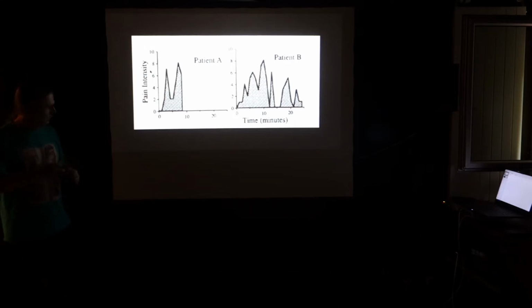And what you see here on those graphs is first the pain intensity scale, which represents how intense the pain was, and this is the time dimension. So obviously patient A had a much shorter colonoscopy than patient B, and at the peaks they were about the same.